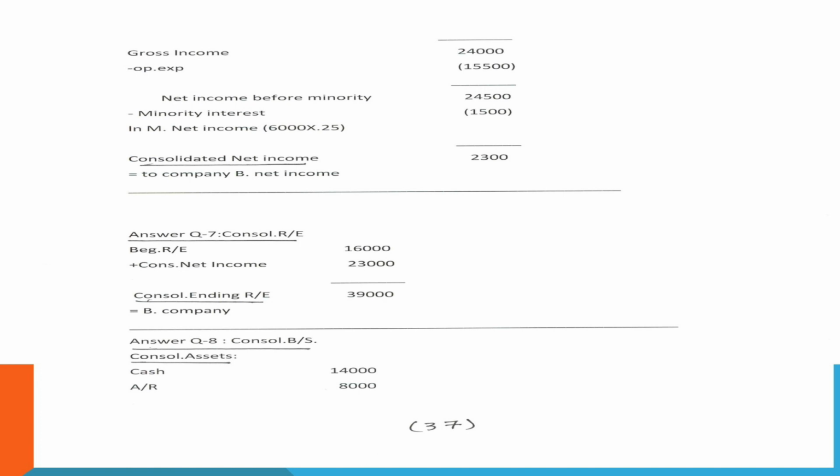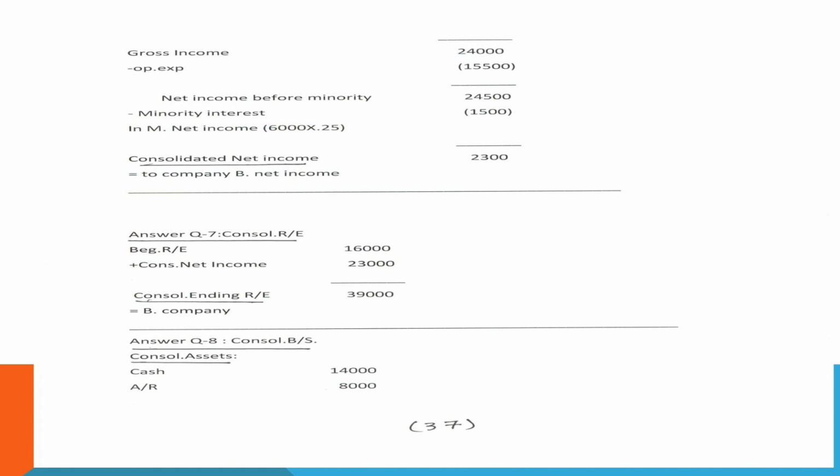Before you answer, you need to know the elements of the income statement. The elements start with sales revenues from the last column, 66,000, minus cost of goods sold for the two companies, 26,000. That gives you gross income or gross profit, minus operating expenses, 15,500.